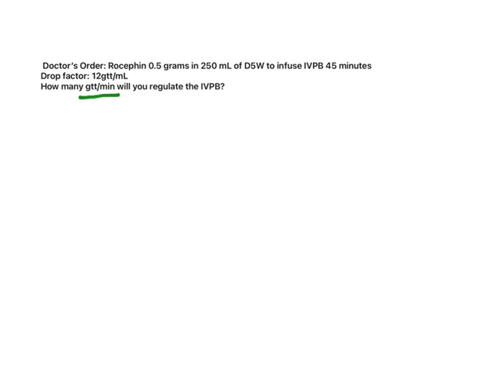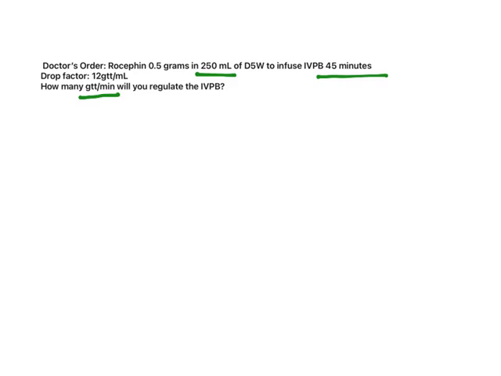We want to first figure out what our answer needs to end in, and what our question is asking for. And it's asking for GTTs per minute. So now we're going to go with the volume and the time.